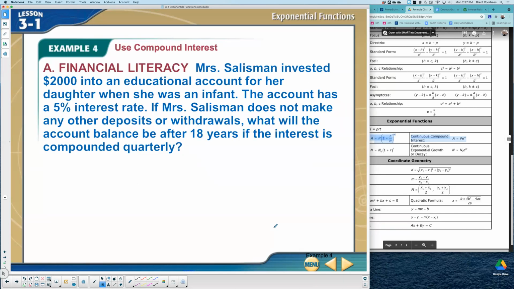Okay, so here's example 4A. It says, Miss Salesman, however you say that name, invested $2,000 into an educational savings account for her daughter when she was an infant. The account had a 5% rate, which, by the way, in terms of history of America, is very low.